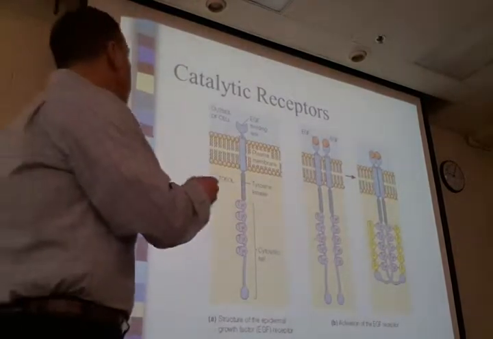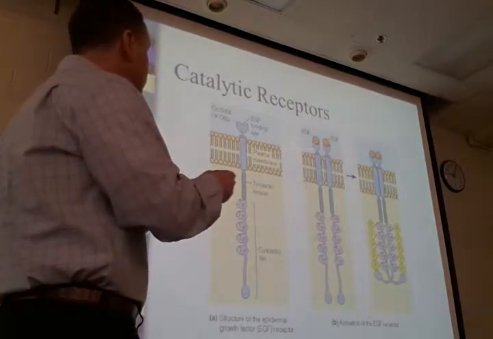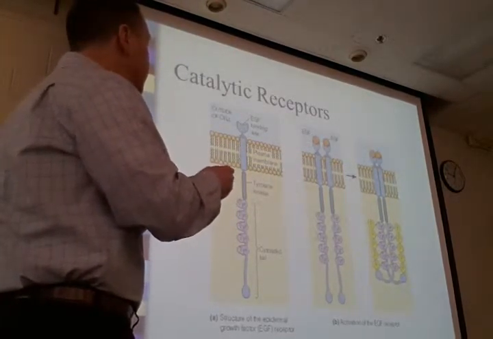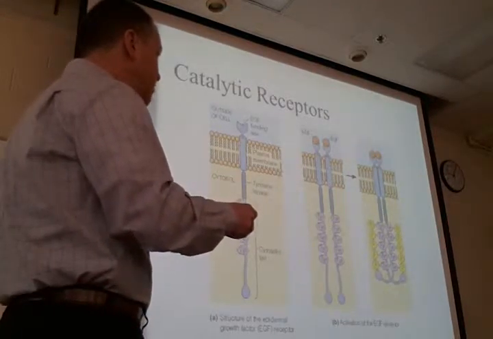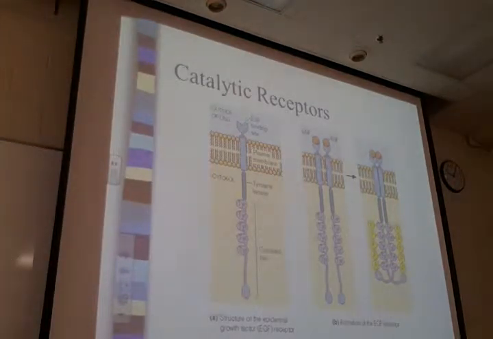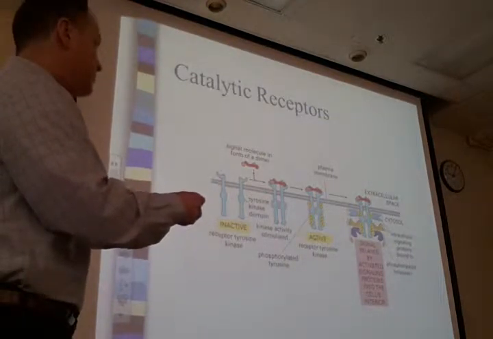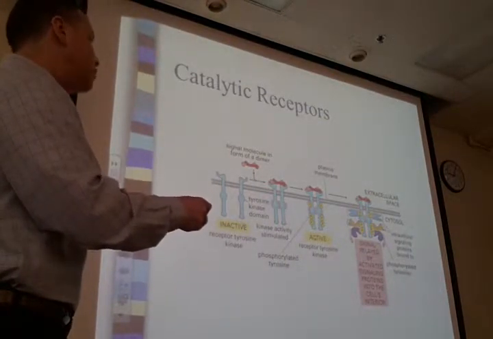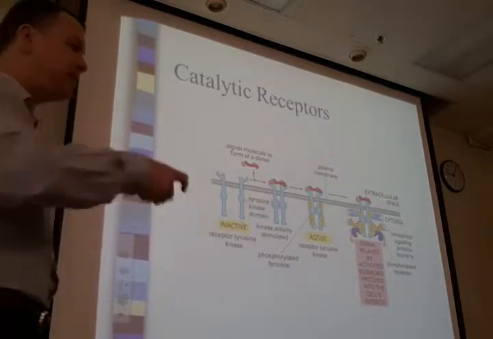We looked at the example of the epidermal growth factor, the EGF receptor, and when it gets bound by the signal molecule, two of them have to get together, they phosphorylate each other, typically on tyrosines or serines or threonines, and then these phosphorylated sites are typically sites of attachment for other relay proteins or signaling proteins that continue the process.